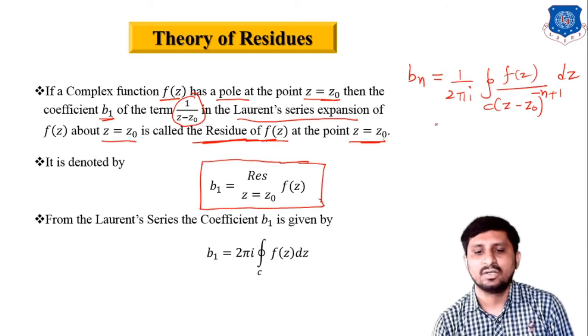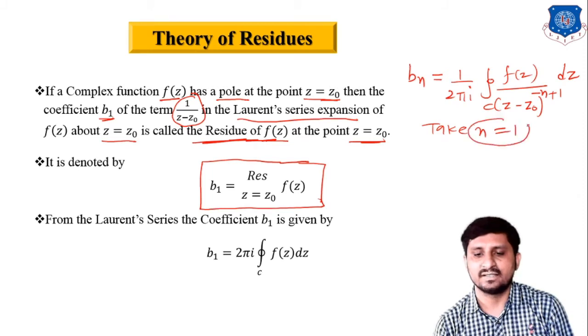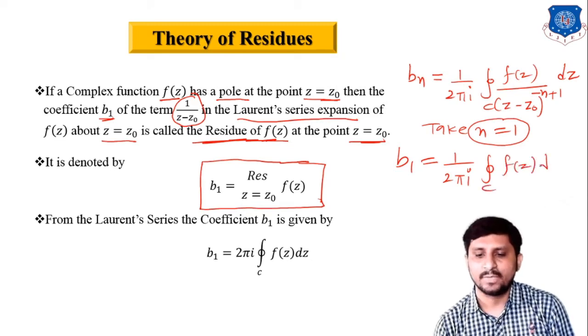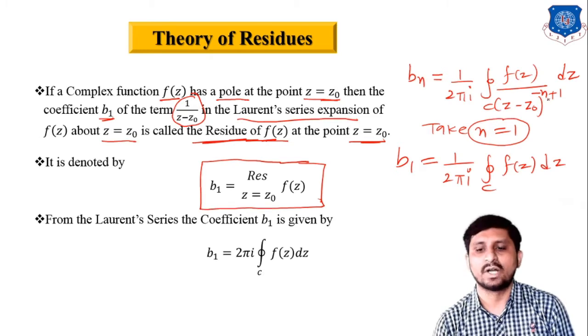Now when we take n is equal to 1 in this equation, b1 is equal to 1 upon 2 pi i integration over the contour c of f of z dz, because when we take n is equal to 1, this term becomes z minus z0 raised to minus 1 plus 1, so z minus z0 raised to 0, and the denominator becomes 1.